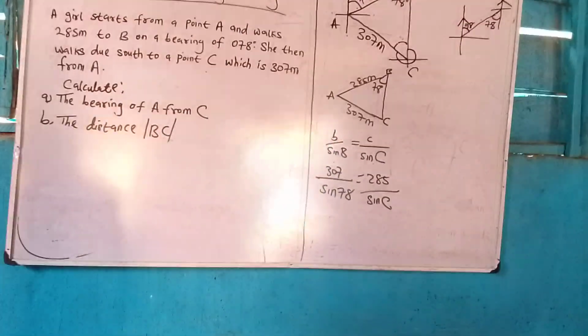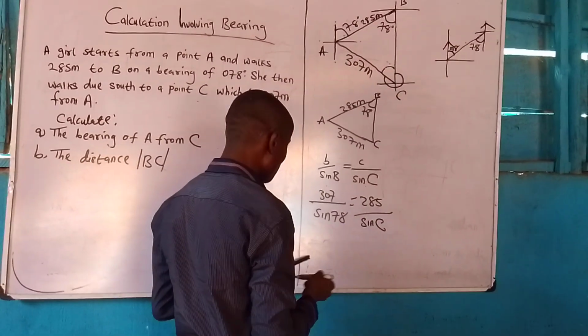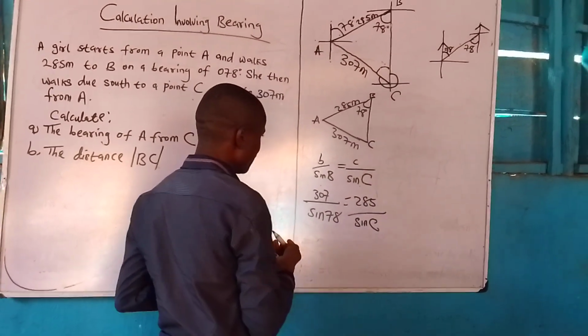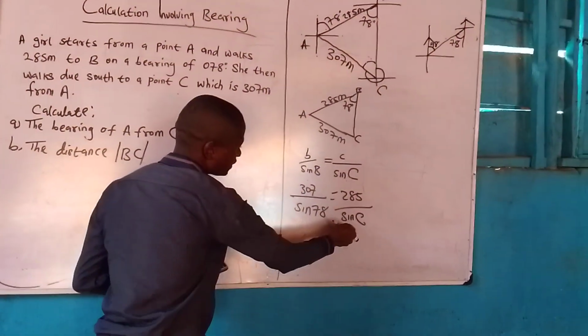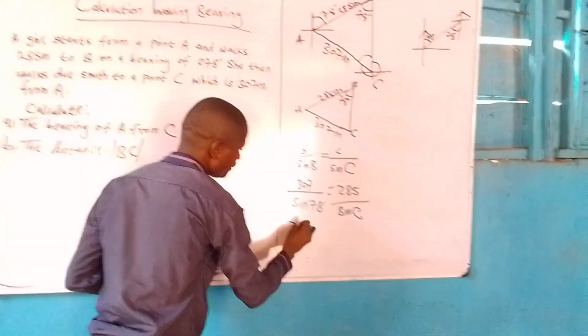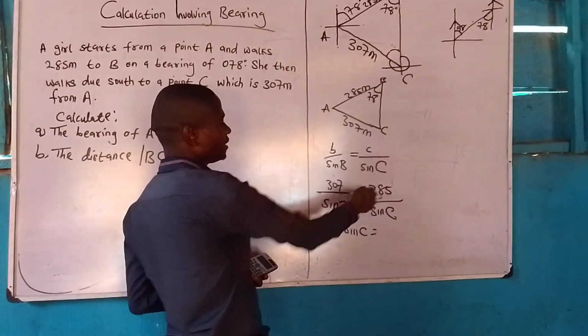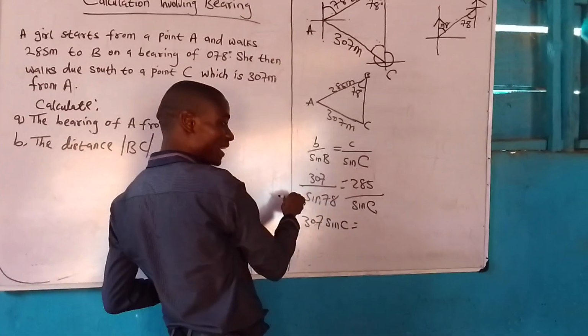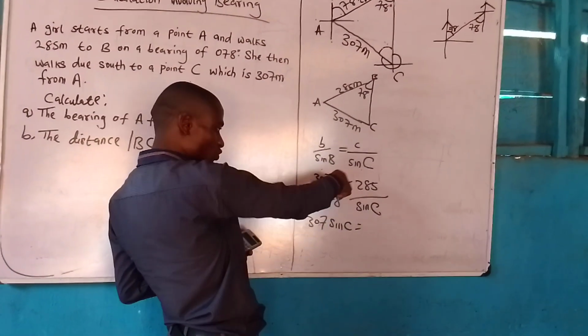Let me bring in my calculator and see what it's going to do. This multiplying this will give us 307 sine C equals this multiplying this. It should be at the back, it should not be at the front. If it is at the front, it is assumed that it is also part of the sine.